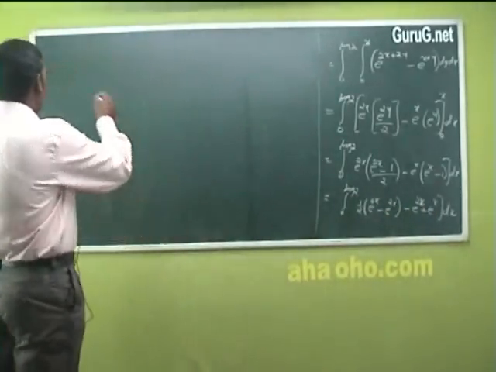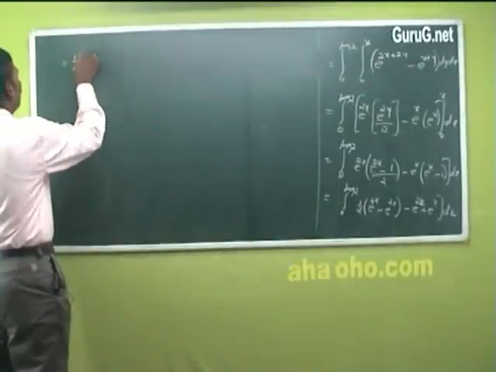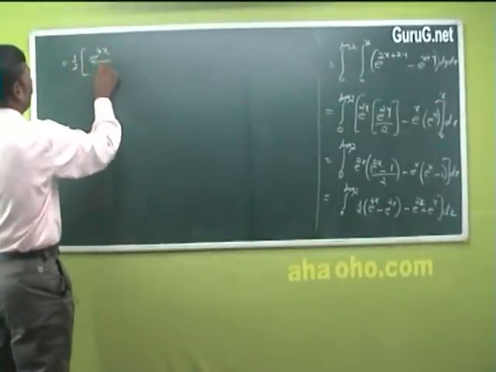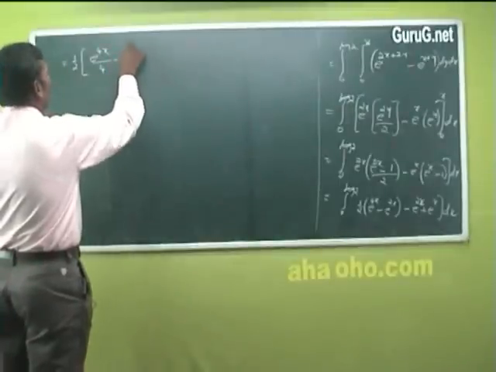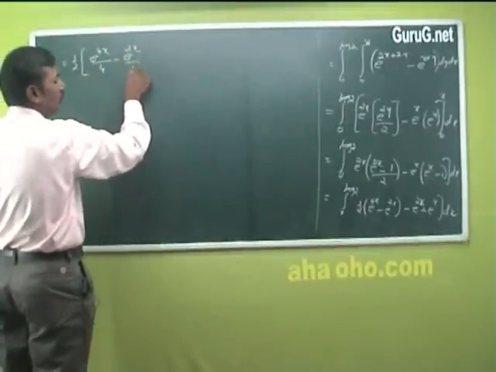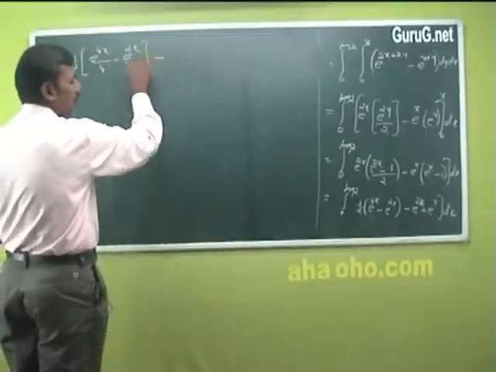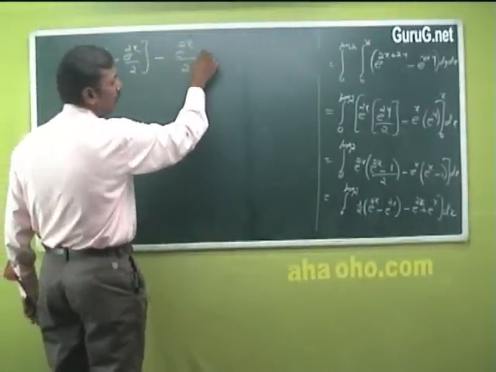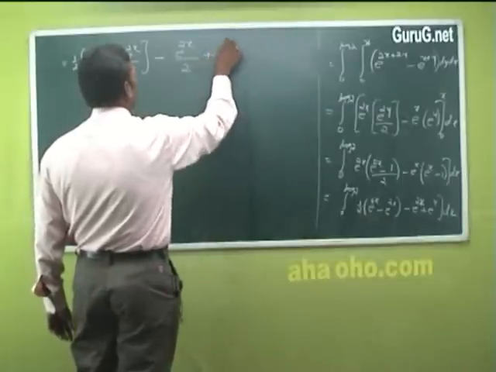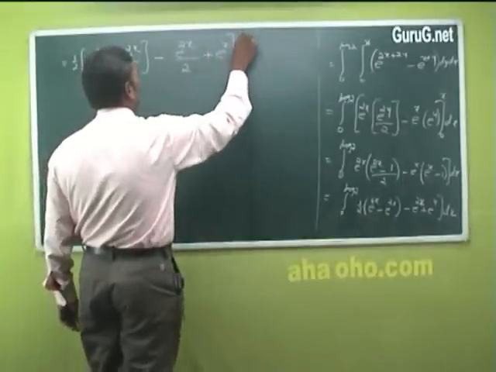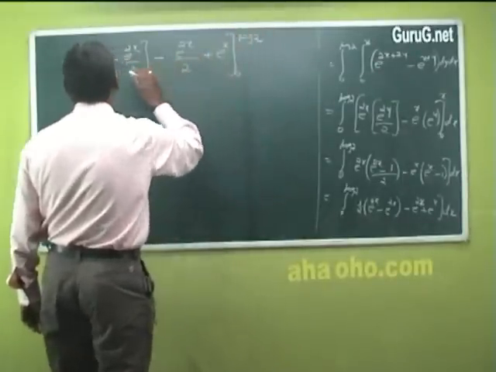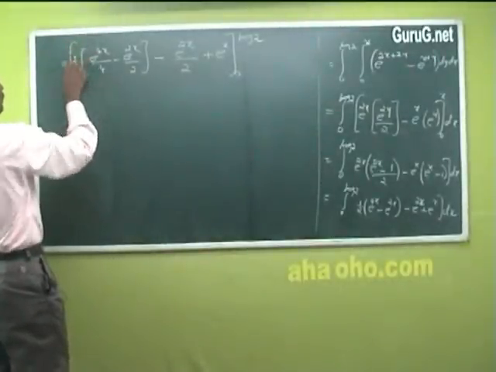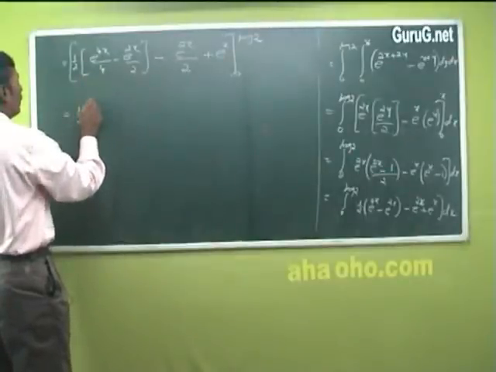We get 1 by 2 into e power 4x by 4, minus e power 2x by 2, and minus e power 2x by 2, then plus e power x, 0 to log 2. So 1 by 2 into, substitute the limits.